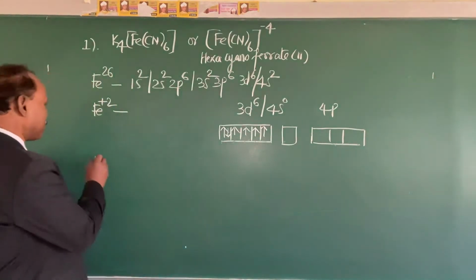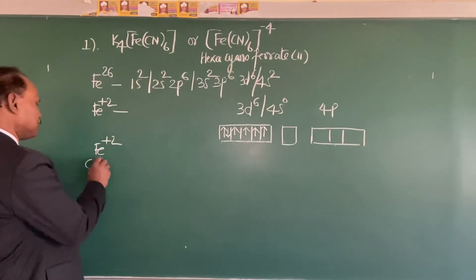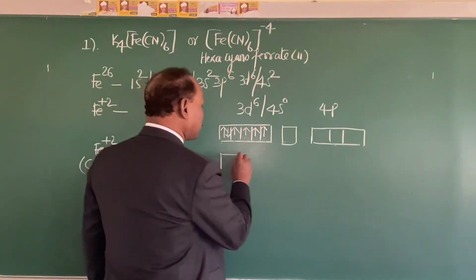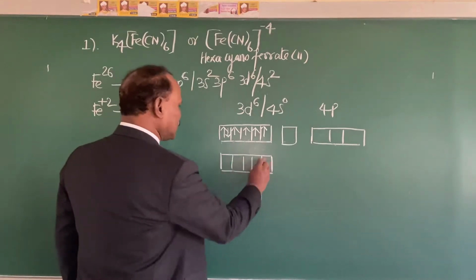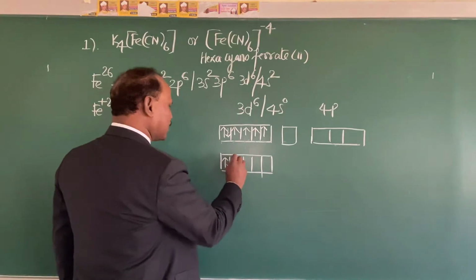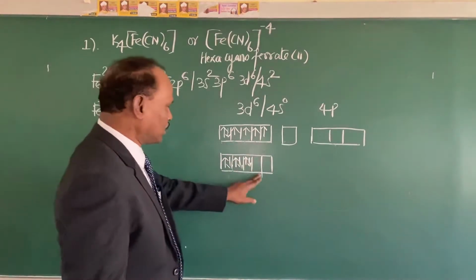So in the presence of cyanide ion, the unpaired electrons present in this central metal ion get paired up. So the configuration becomes like this. These 4 unpaired electrons get paired and leave 2 vacant orbitals.